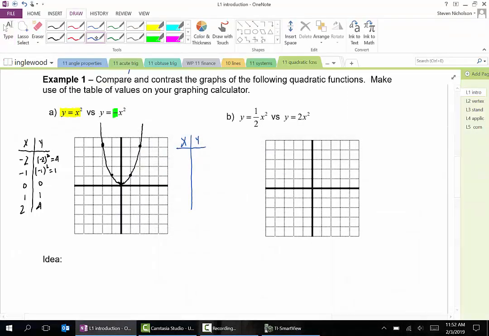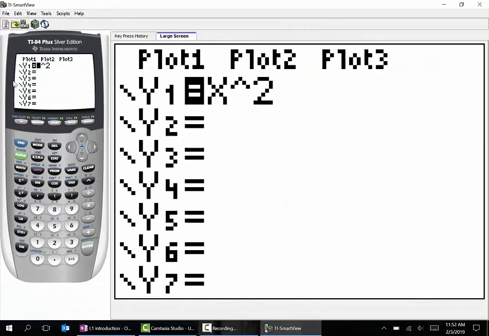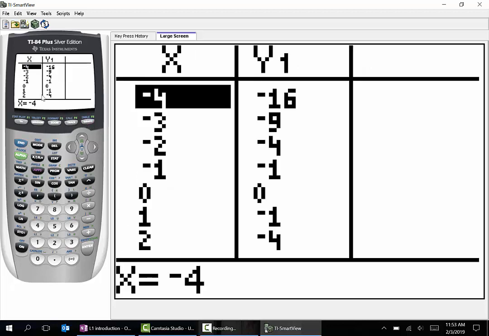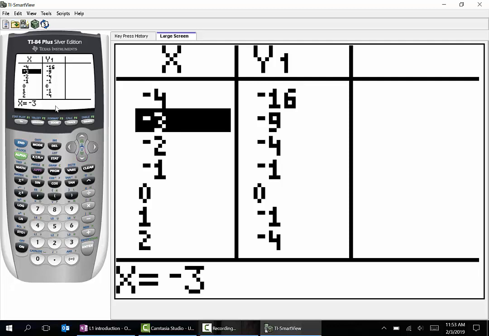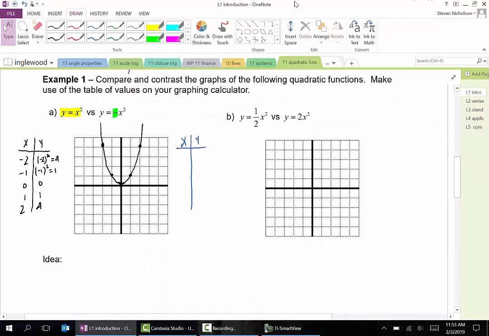So when I use my table of values for y equals negative x squared, I just go into my y equals, and I'm going to punch in negative x to the power 2, and again, second table, and here I go, negative 2 is negative 4, negative 1 is negative 1, etc. So I'm just going to copy that table on here.